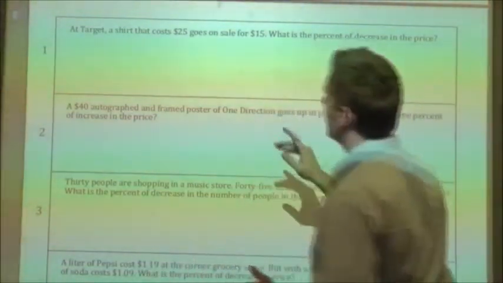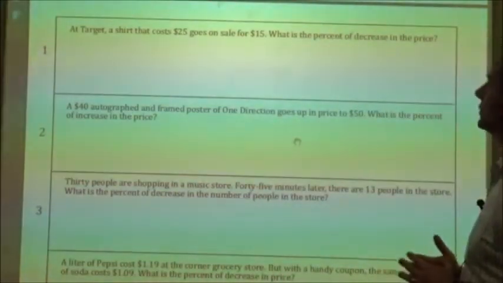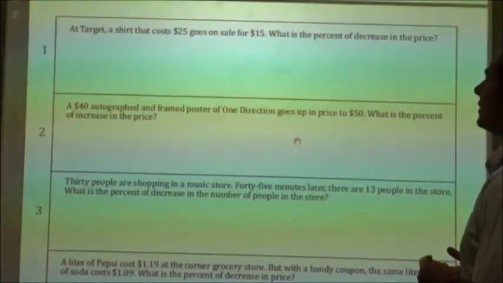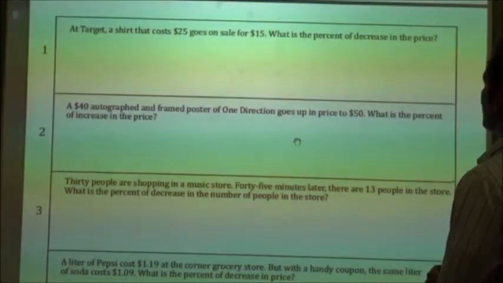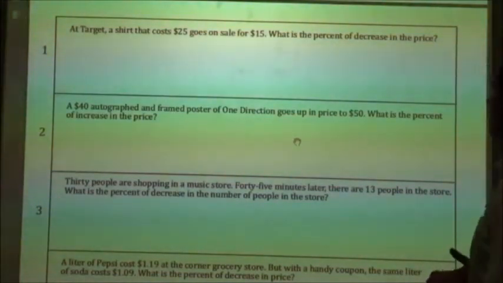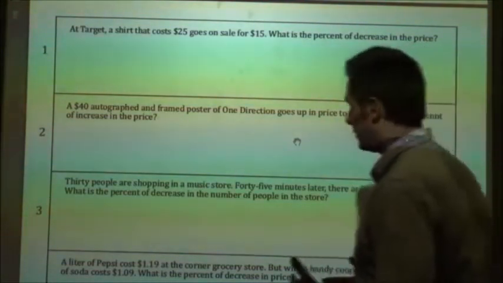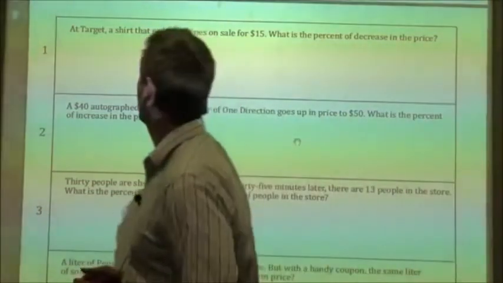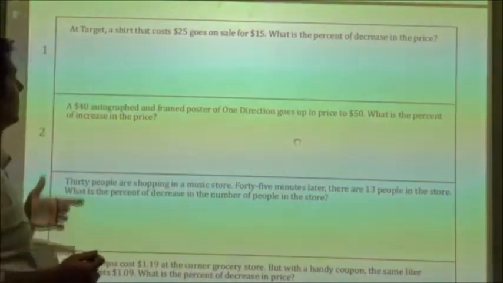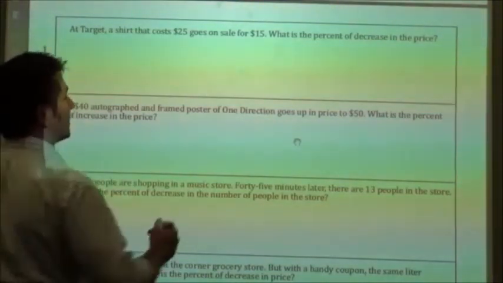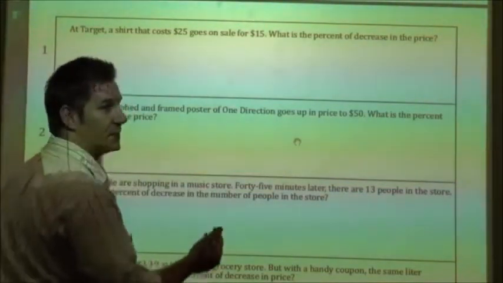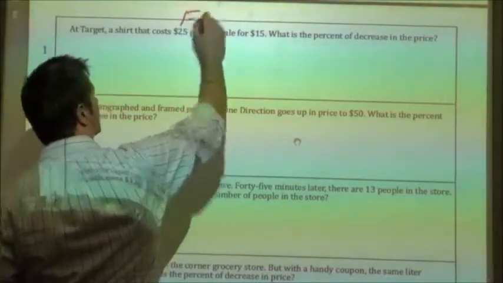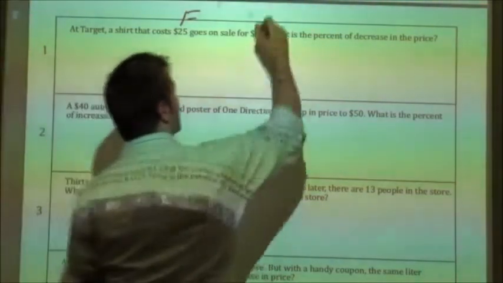First question: a shirt that costs $25 goes on sale for $15. What is the percent of decrease in the price? Once again, we're gonna find out our first and last number. The shirt that usually costs $25 is on sale right now. That means our first number was 25. Our last number is 15.